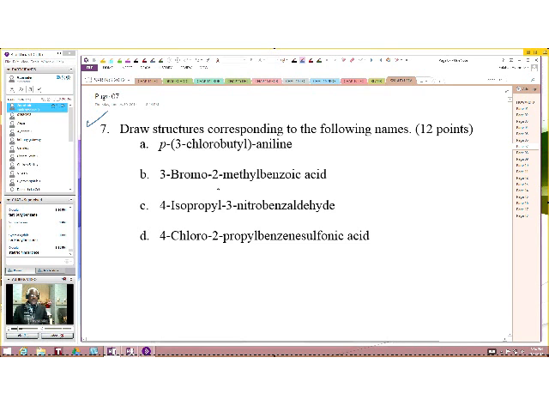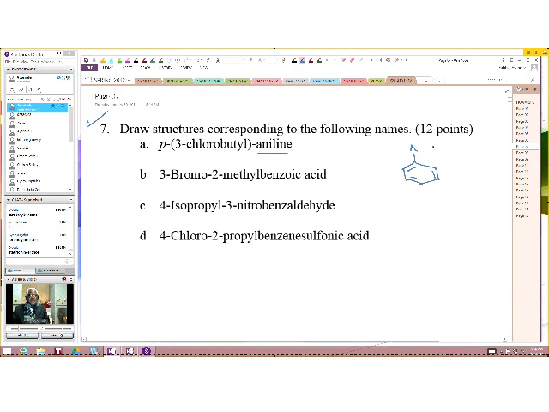So what do we need to do here? Let us start with this. The base name for this molecule is aniline. Aniline is this structure here. We need to know the base name first.